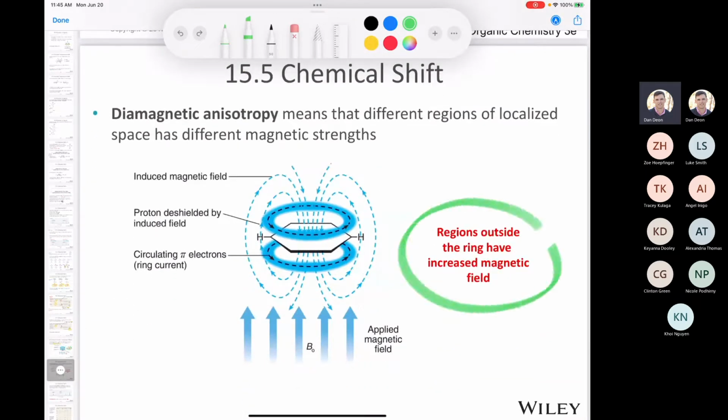So nothing more than that. Those regions outside the ring have an increased magnetic field, and therefore those protons have a higher than expected chemical shift. So what is the chemical shift?